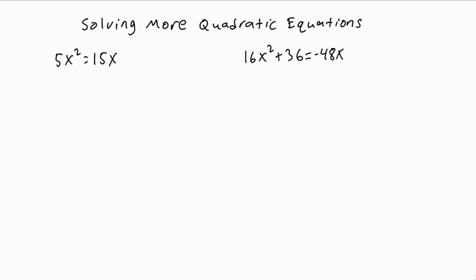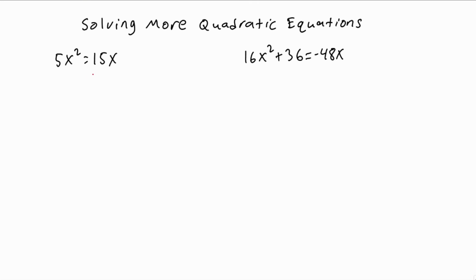Let's try these. So, in this case, they don't equal 0. So, that's where we need to start. We need to start by making the entire right side 0. So, we move everything over. How do we move everything over? We add or subtract from one side to the other.